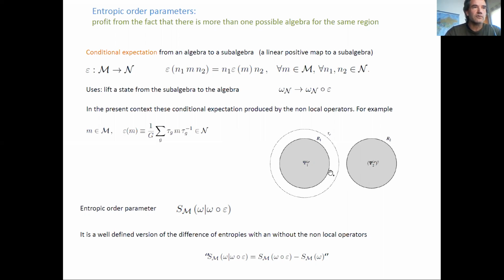And in order to go from the big algebra to the small one, you just average by the twist operator. The twist operator averaged over the group elements will kill the charge operator here and then kill the intertwiner.